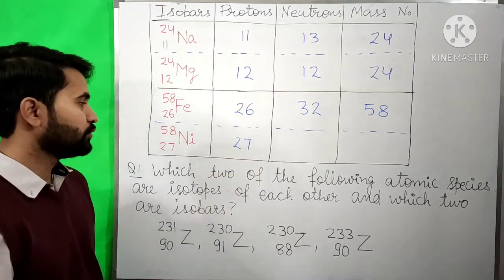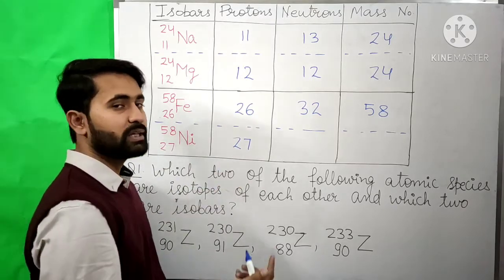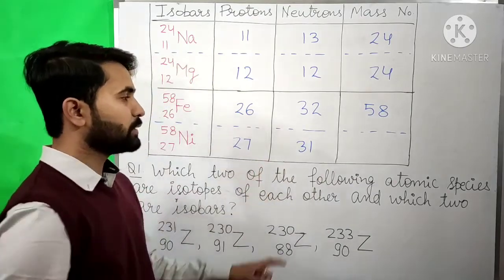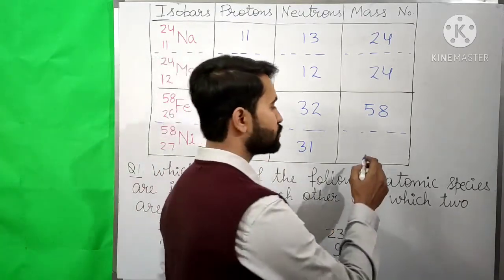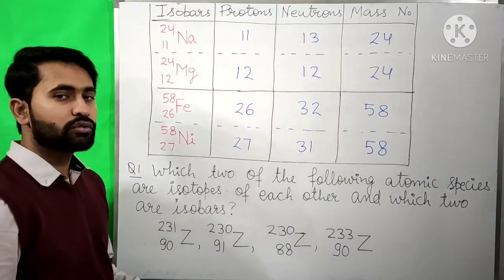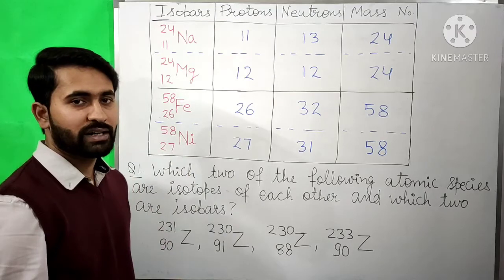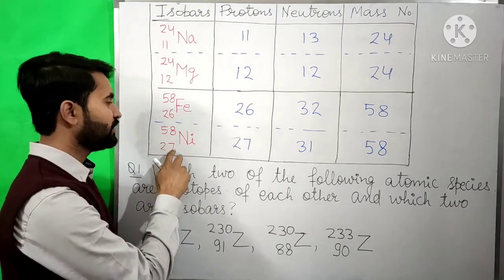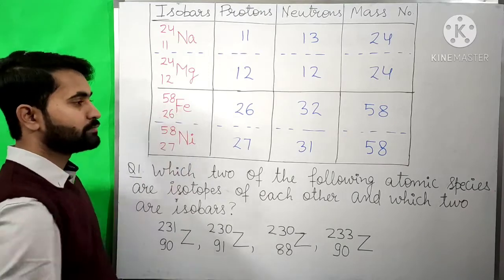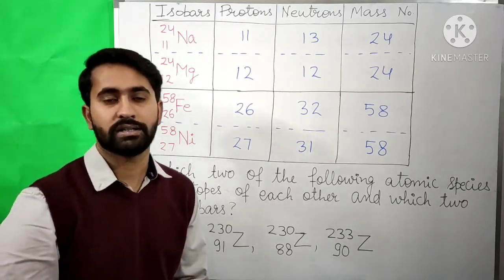The number of neutrons will be 58 minus 27, that will be equal to 31. Now 27 plus 31 is equal to 58. In this case also we can see that they are atoms of different elements having different atomic numbers but the same mass number. So this is also a pair of isobars.